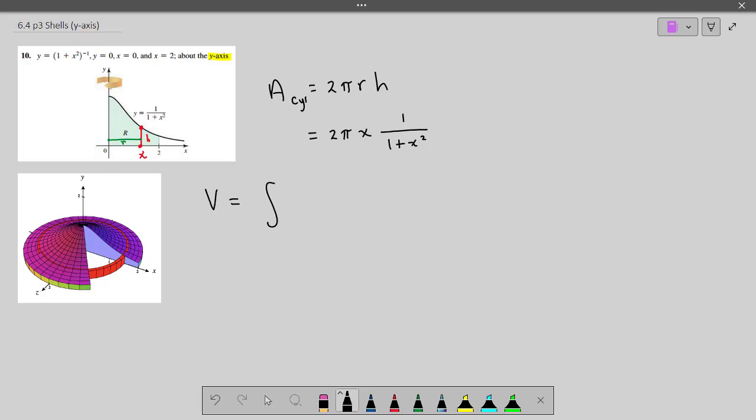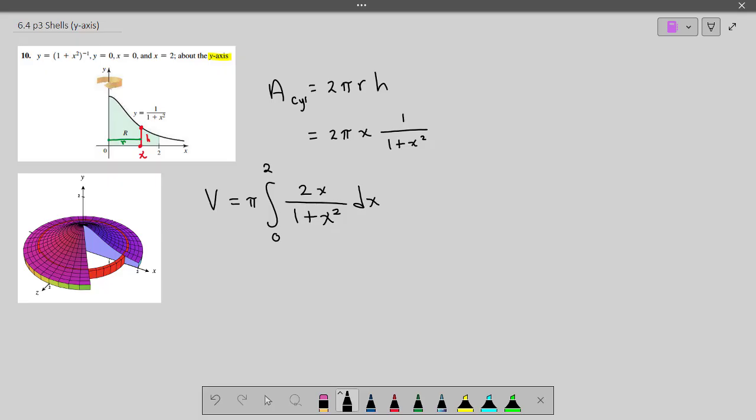So the volume will be the integral. I'm going to be a little sneaky here. I'll show you why in 1 second. I'm only going to factor out the pi, not the 2. Because this is another integral where substitution is the order of the day.